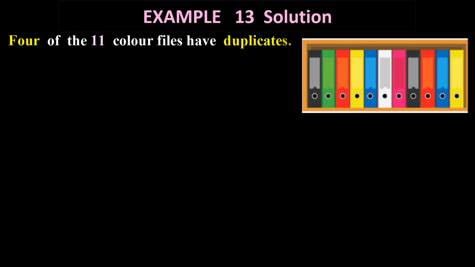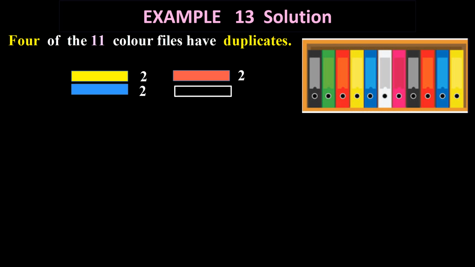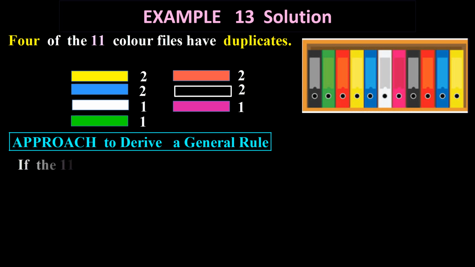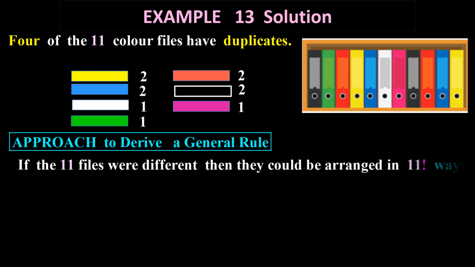There we have our 11 files, and we know this is the data that we have, which ones are duplicated. Now, if we have 11 files and they were all different, no duplicates, then those 11 files could be arranged in 11 factorial ways. Okay.